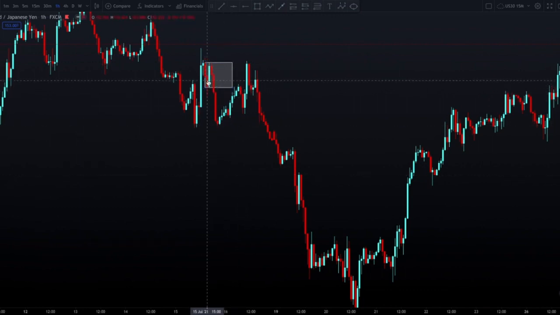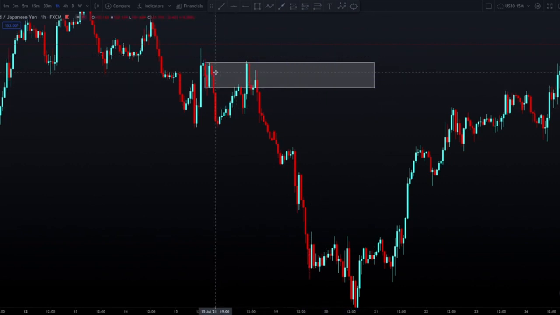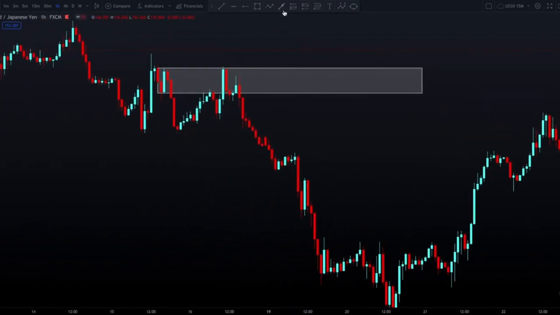So let's draw the order block all the way across here. So here is the price. And then we have a strong push to the downside, and then a pullback, and then the move goes, okay?